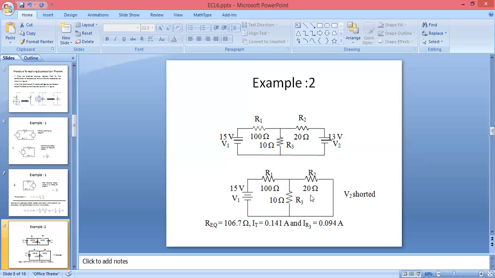So you will add that value with 100 ohm. Then you will get R equivalent equal to 106.7 ohm.